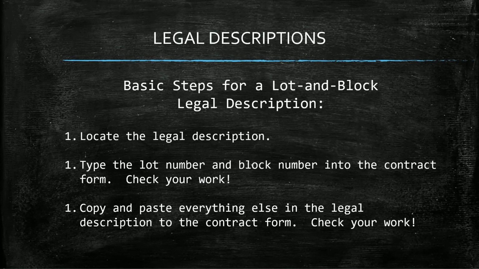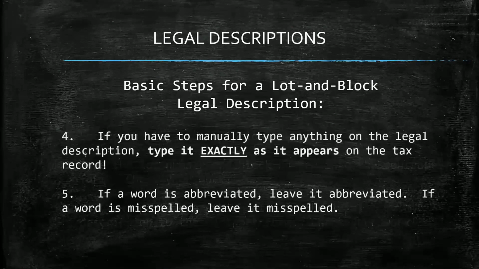You want to make sure you haven't typoed anything, you haven't fat fingered a number, and now it's the wrong lot and block. Once you've done that, you're going to copy and paste everything else in the legal description onto the contract form. Be sure you check your work here. Get all of the information and copy and paste it onto the contract form.